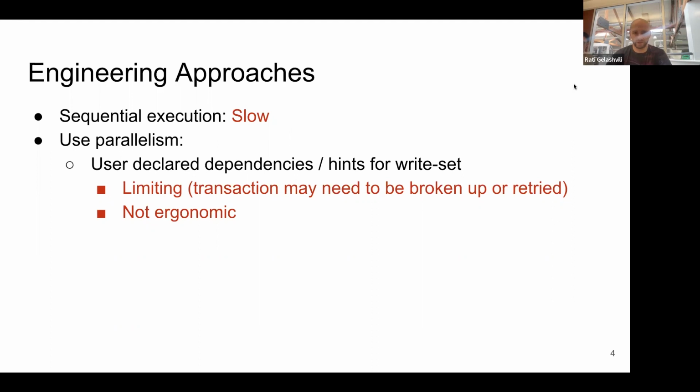If your hints turn out to be wrong, the transaction may need to be broken up or retried. And if the user is asked to declare these dependencies and hints for the write sets, it's also not ergonomic, because now you have to do extra work, and you may have to guess where it's going to write if it's some secondary index. These are some of the drawbacks of the approaches before us.